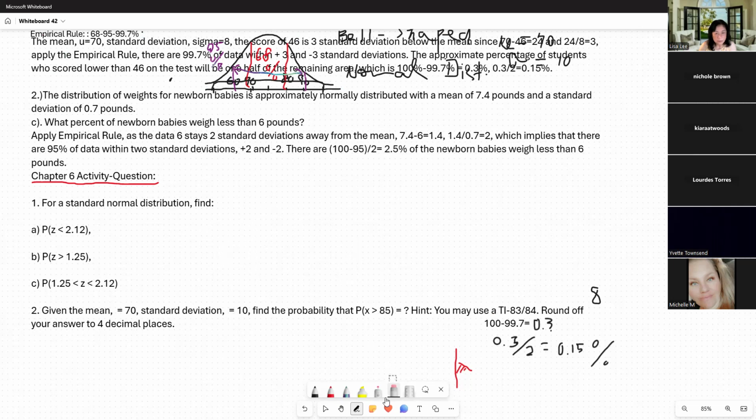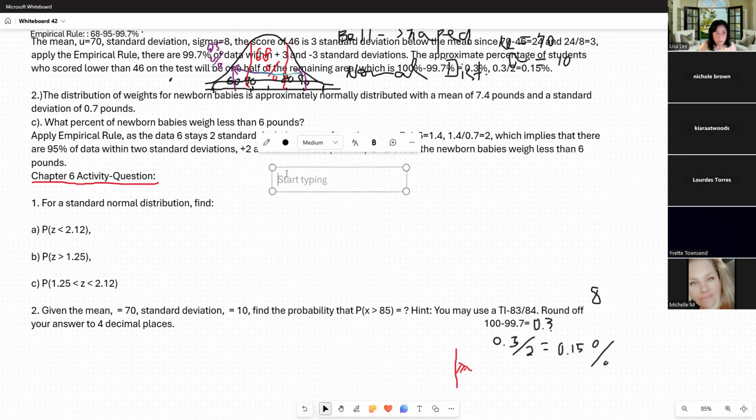Anyway, since we are all here, I can just show you how to do it. Okay. So I'm going to use tips because the writing is easier. So first, if you have TI-83/84, you can grab your calculator, okay, and press the key second VARS.